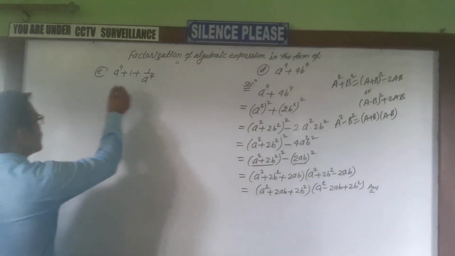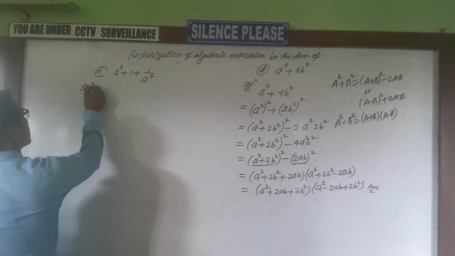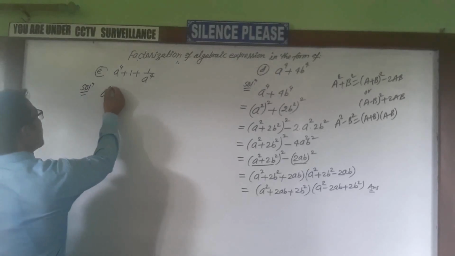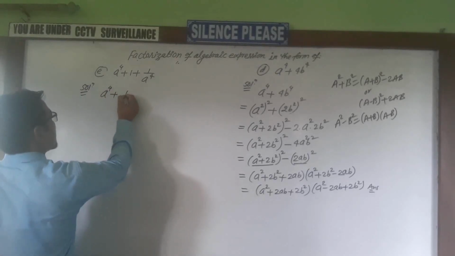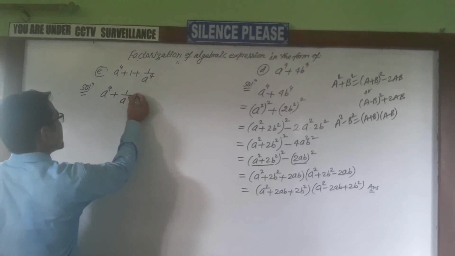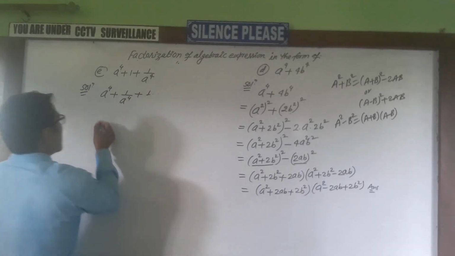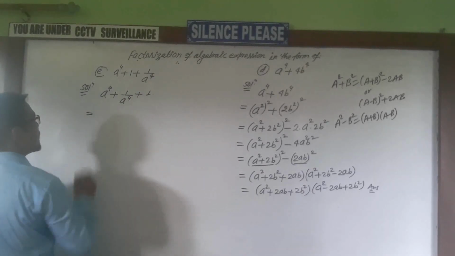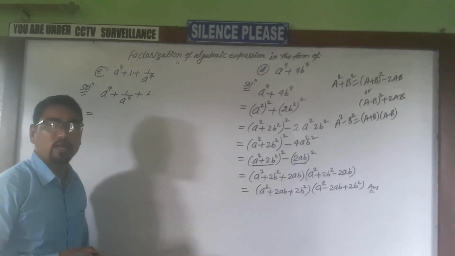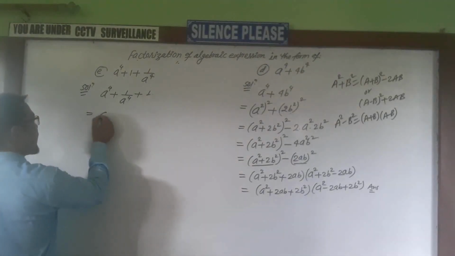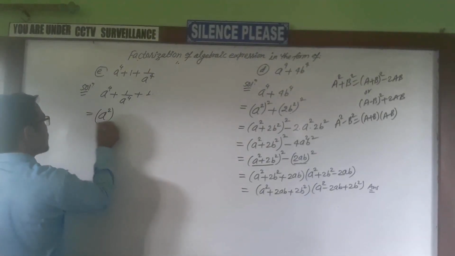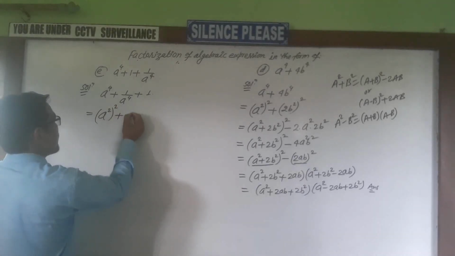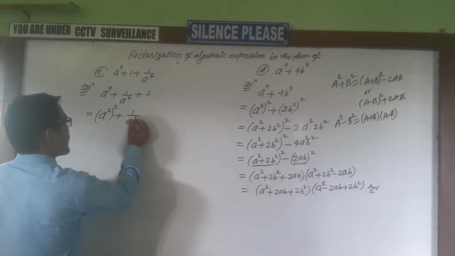So let's do the solution. A power 4 plus 1 by a power 4, we have to write together, and arrange it plus 1. This is equal to, first of all we have to write in the form of the a square plus b square formula. That is, a power 4 can be written as a square, its whole square, plus 1 by a power 4 we can write as 1 by a square, its whole square.